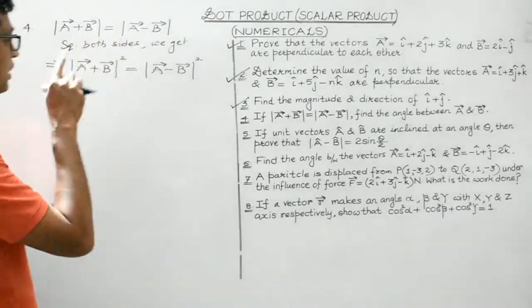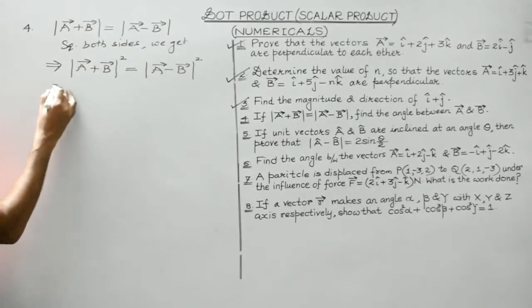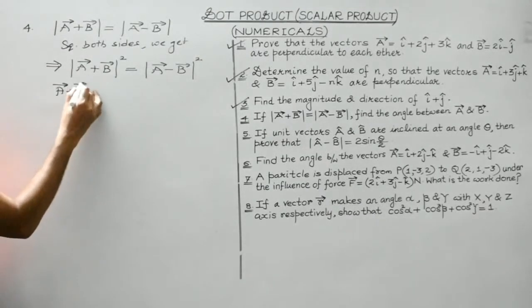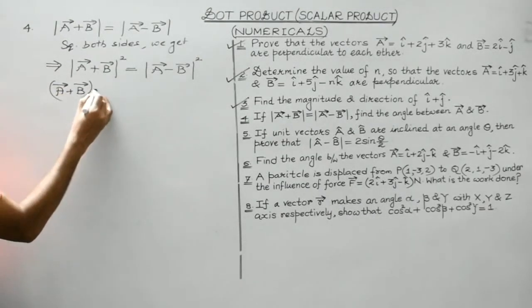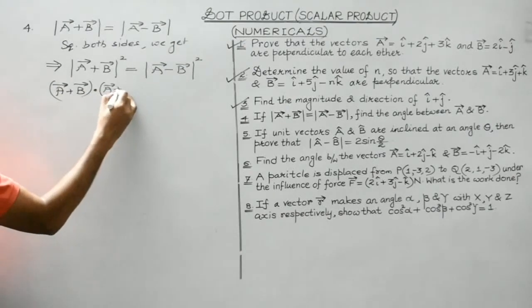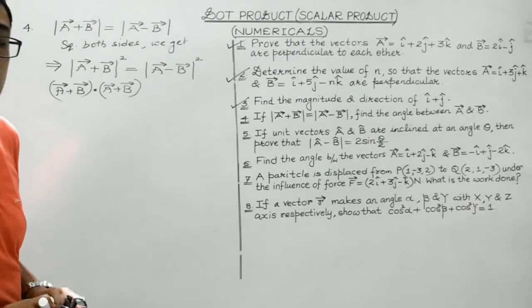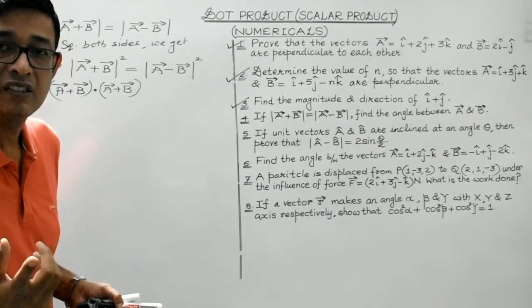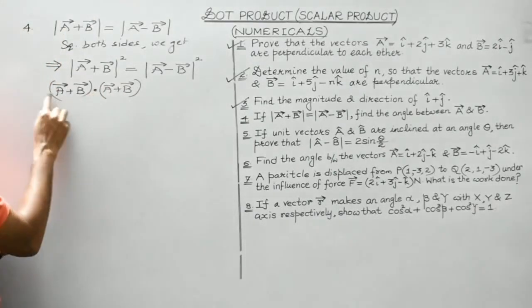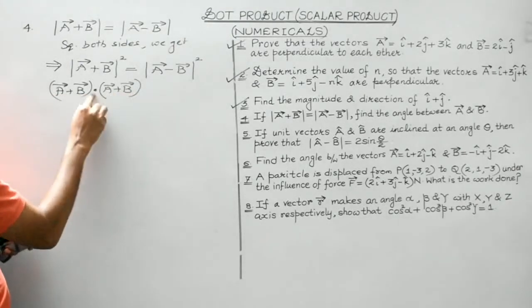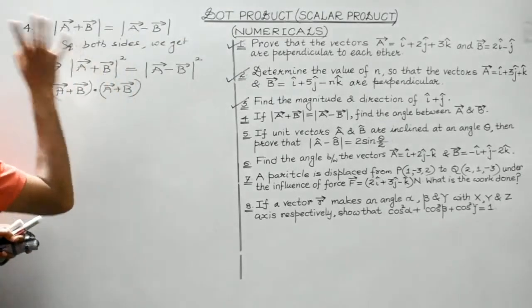So from that property, we can write it here as a vector plus b vector dot a vector plus b vector. This is the dot product. So students, the property I have made use of here is that the dot product of a vector with itself will give us the square of its magnitude.